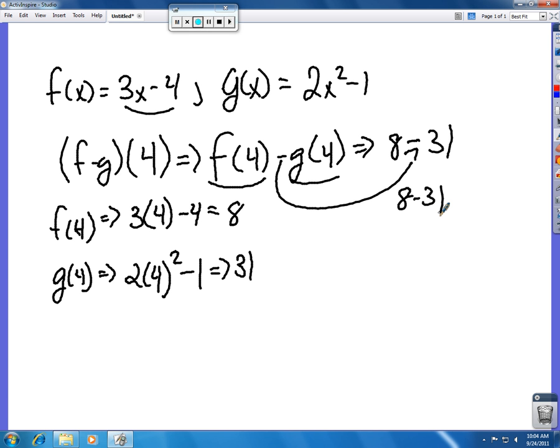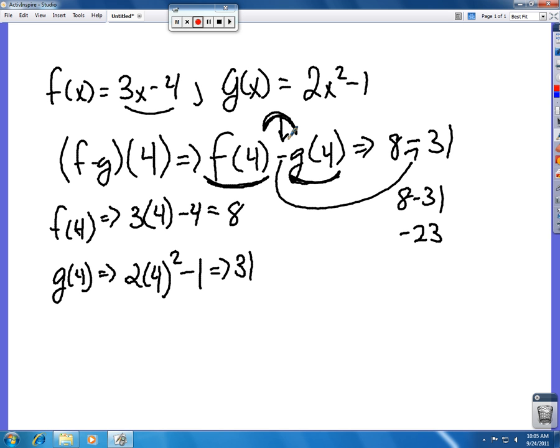We're going to have a negative outcome, and it's going to be negative 23. So hopefully that's straightforward. Basically all you're doing is figuring out what this is and this, and then just performing whatever this operation is right there: subtraction, addition, multiplication, or division.